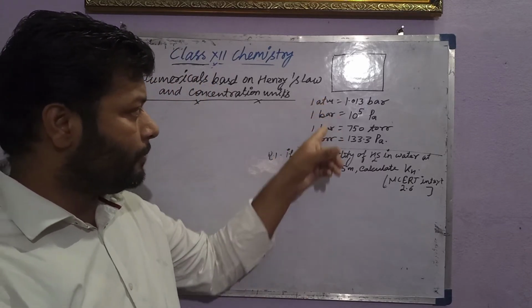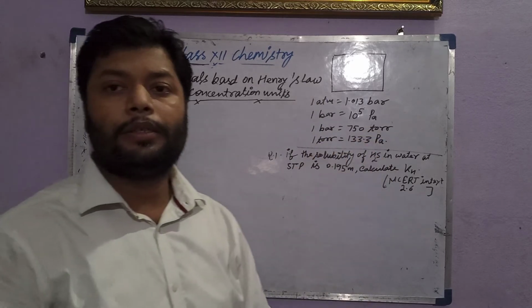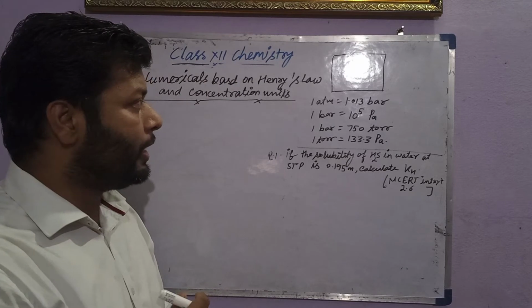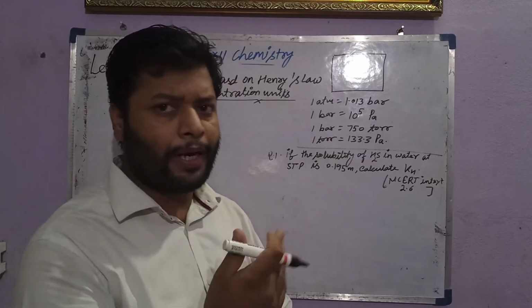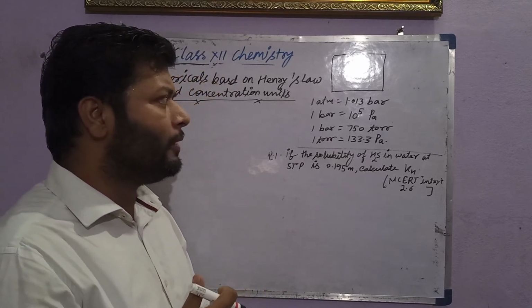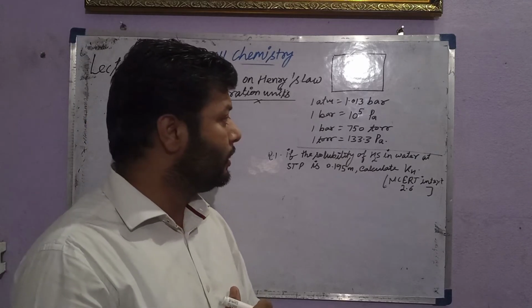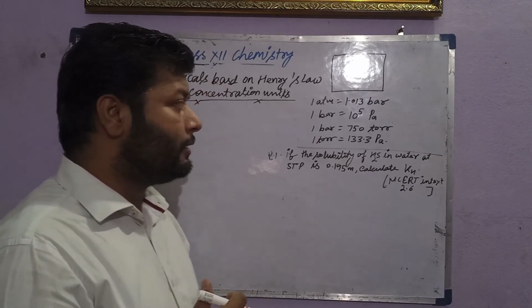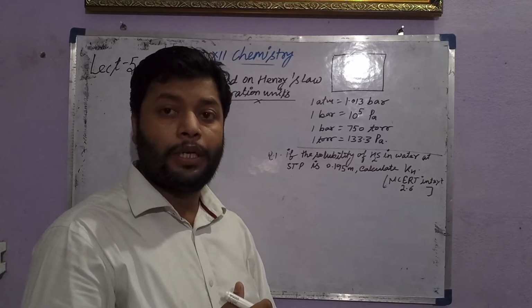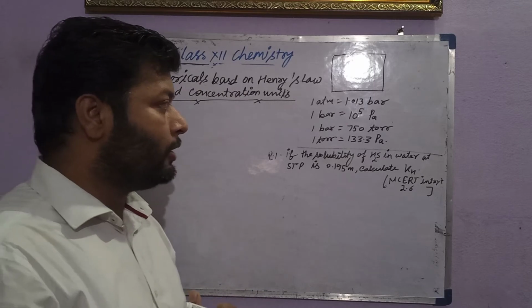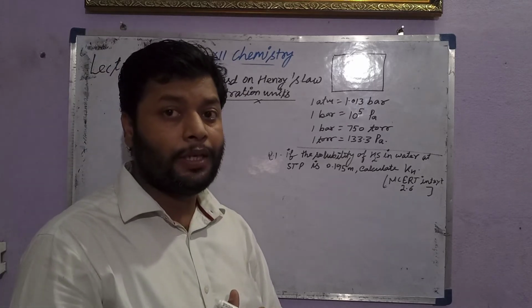here some relations between units of pressure. 1 atmosphere is almost equal to 1 bar, but the exact value is 1.013 bar. 1 bar equals 10 to the power 5 Pascal. 1 bar equals 750 torr, one of the units of pressure, and 1 torr equals 133.3 Pascal.